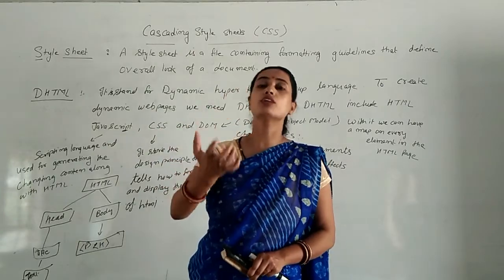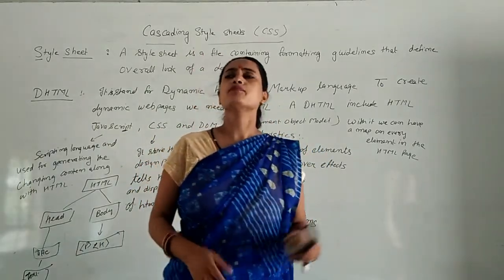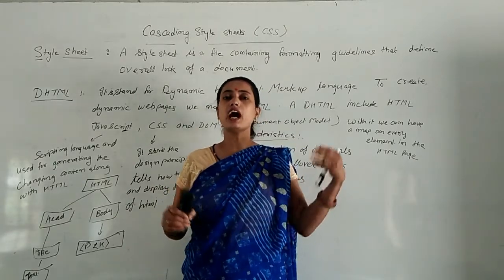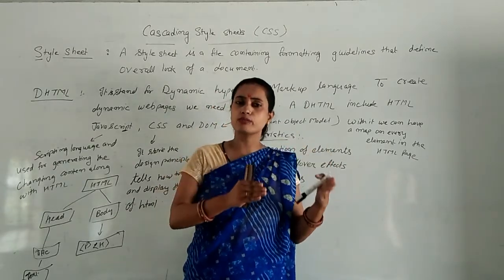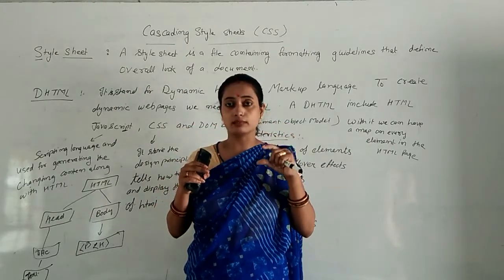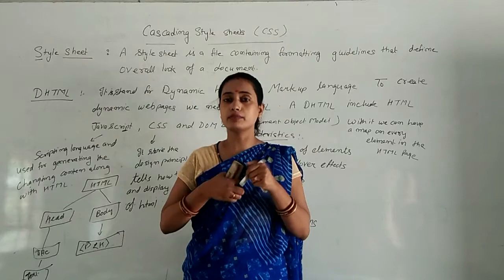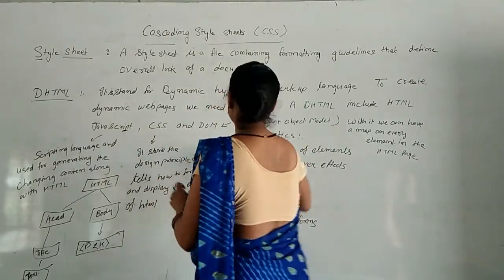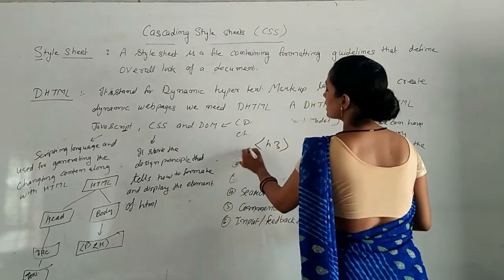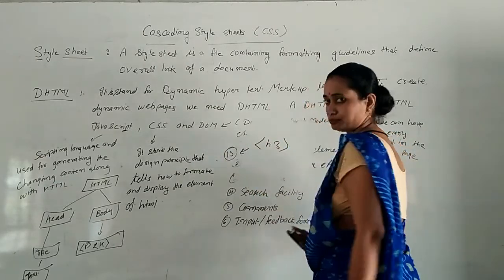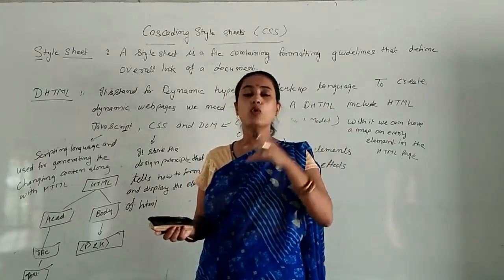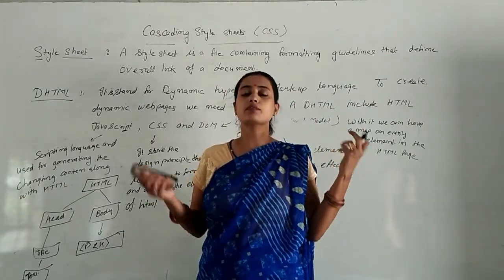Actually, where is the need of CSS? Earlier in the 90s, many HTML coders felt that they were writing many attributes and elements but having the same need. I'm giving one example here: I'm using the H3 tag 15 times in my document and having the same format, like H3 having bold and some emphasis.